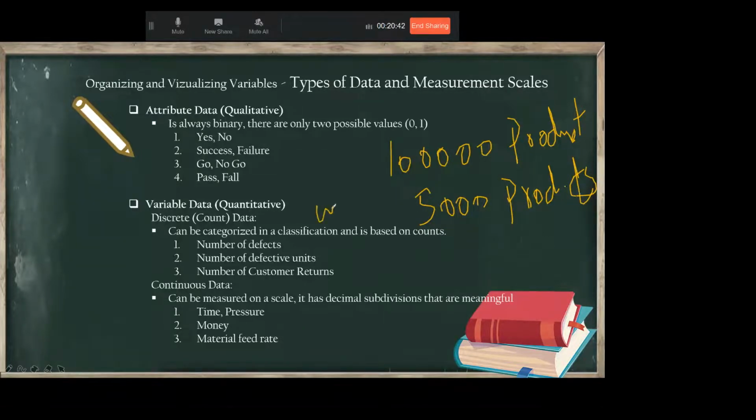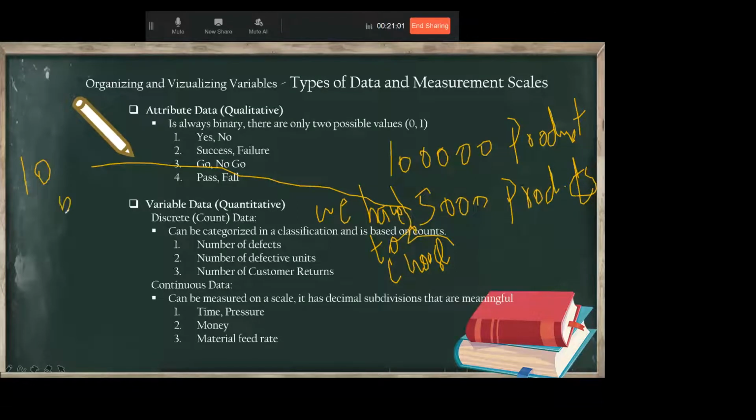Now we analyzed and found on average that 10 units from these 5,000 are not good, meaning they are bad quality.